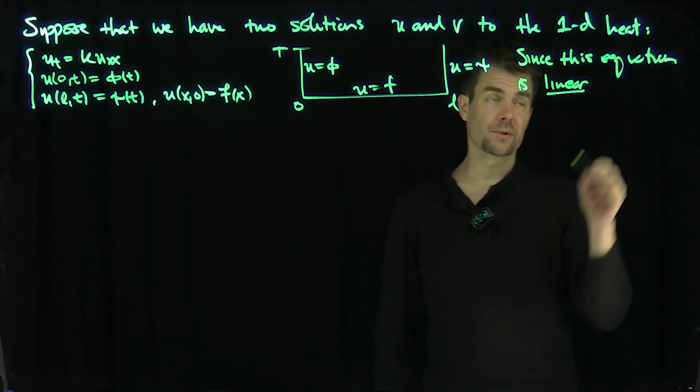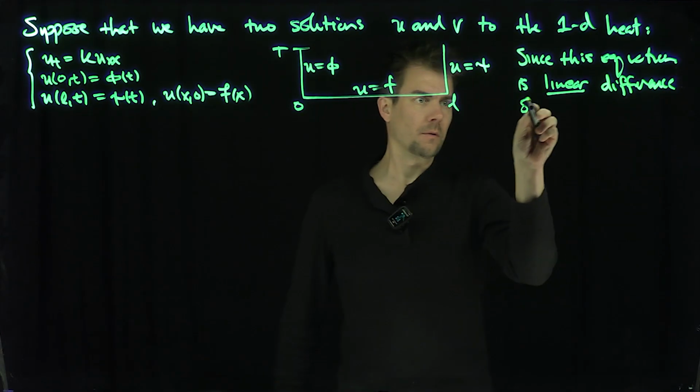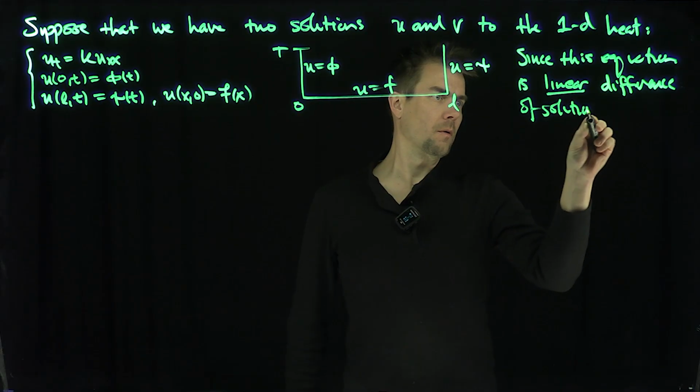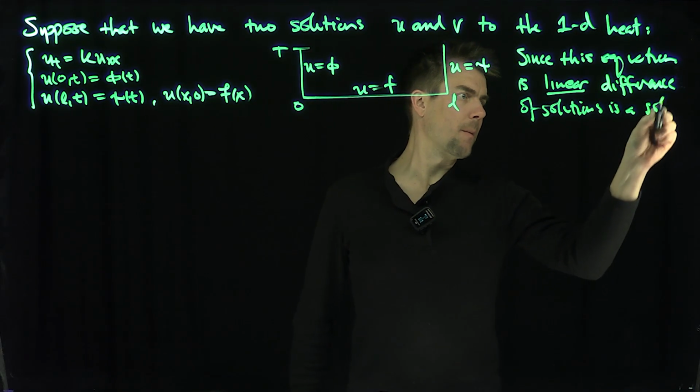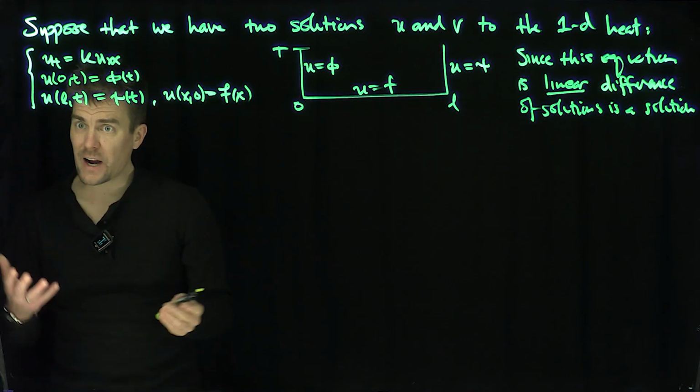differences of solutions are also solutions. In other words, I can take u and v that both solve this problem and subtract them and get another solution.